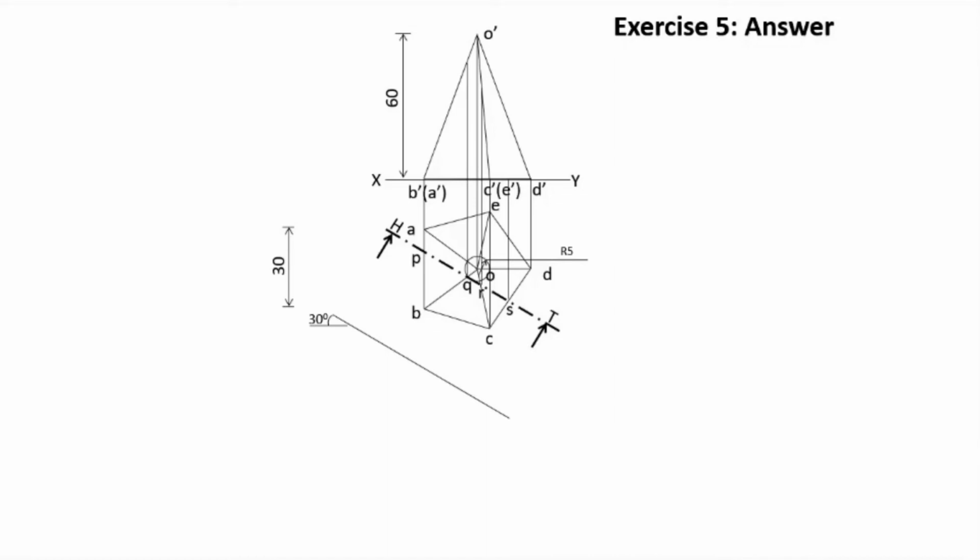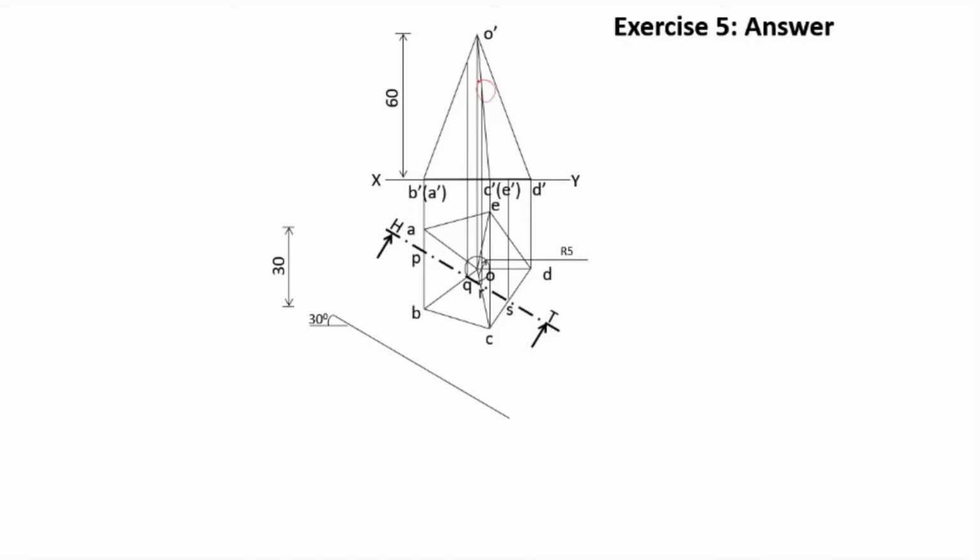Then the other points: Q is to be projected upward. Q will be in the edge O dash B dash. So this is the point Q dash. Likewise, R dash is also to be drawn, so it will be this point here.